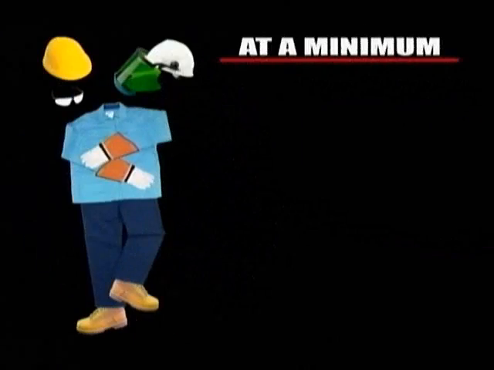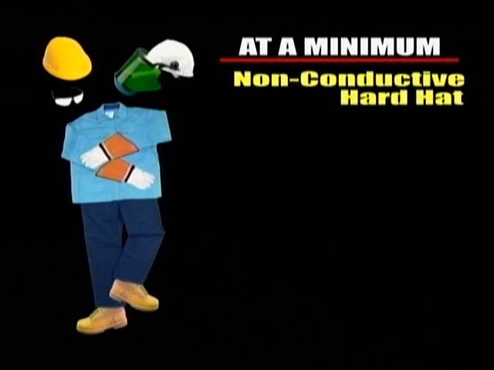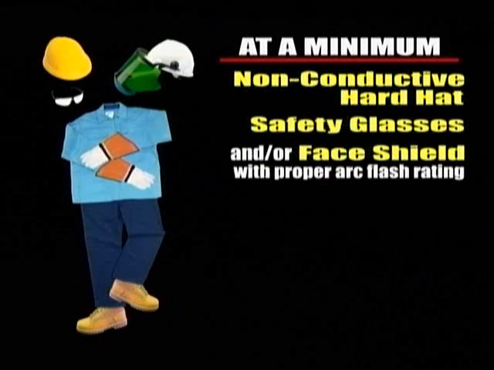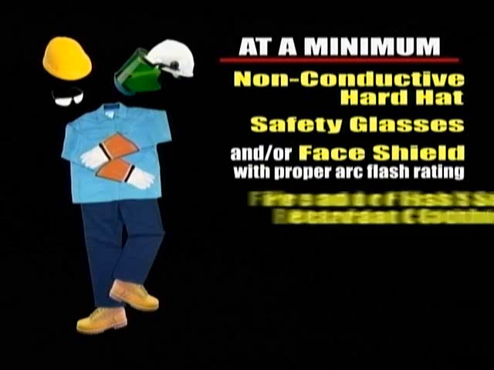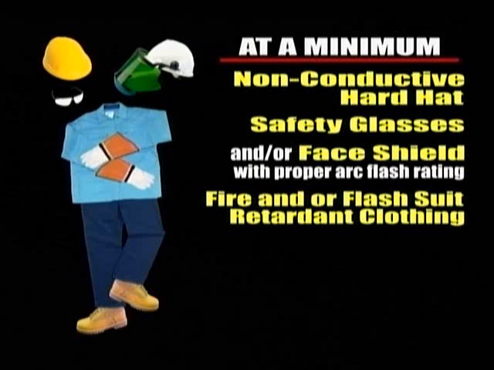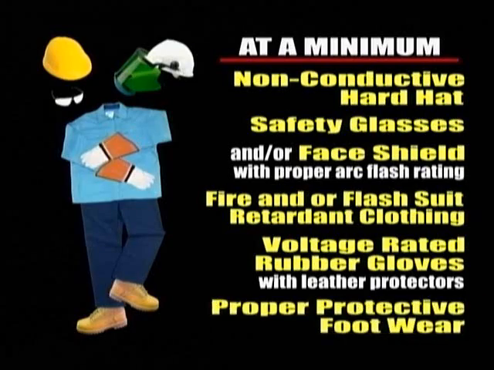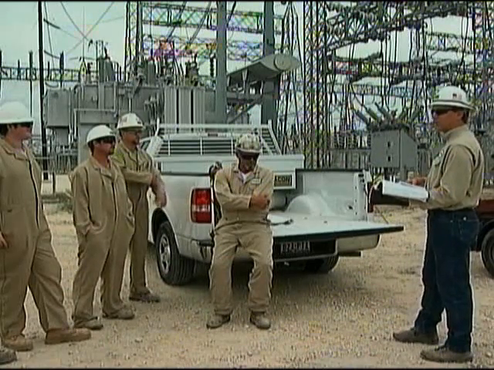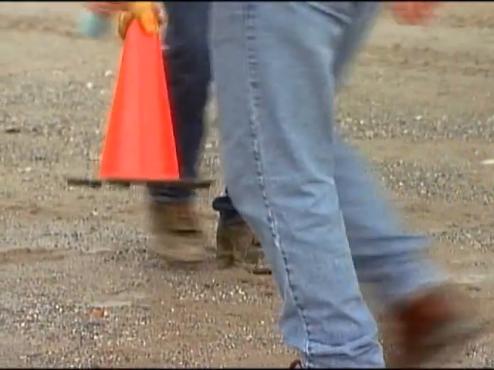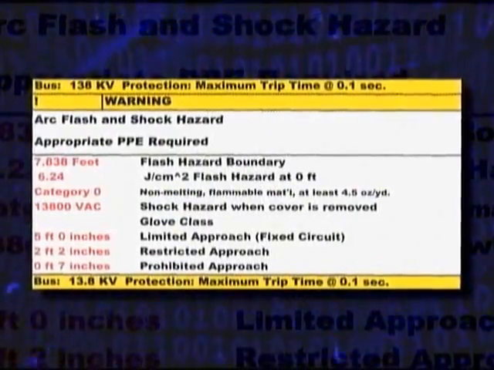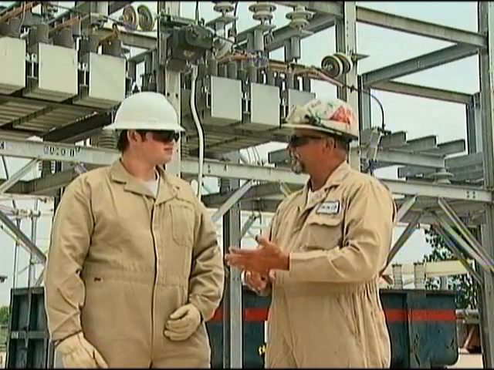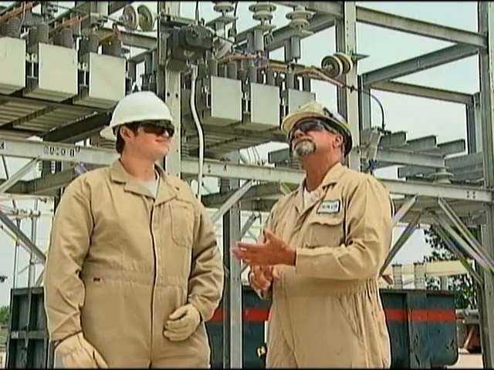When working on or near energized equipment, the worker should use non-conductive hard hats, safety glasses, and/or face shields with proper arc flash ratings, fire and/or flash suit retardant clothing, voltage-rated rubber gloves with leather protectors, and proper protective footwear. Finally, warn workers of the dangers by using barricades, signs, tape, or individually telling them about the dangers.